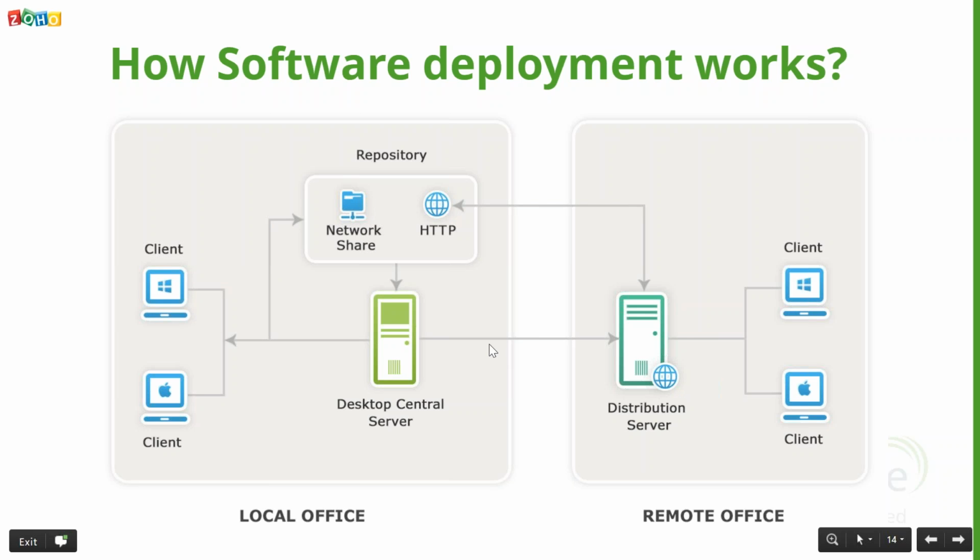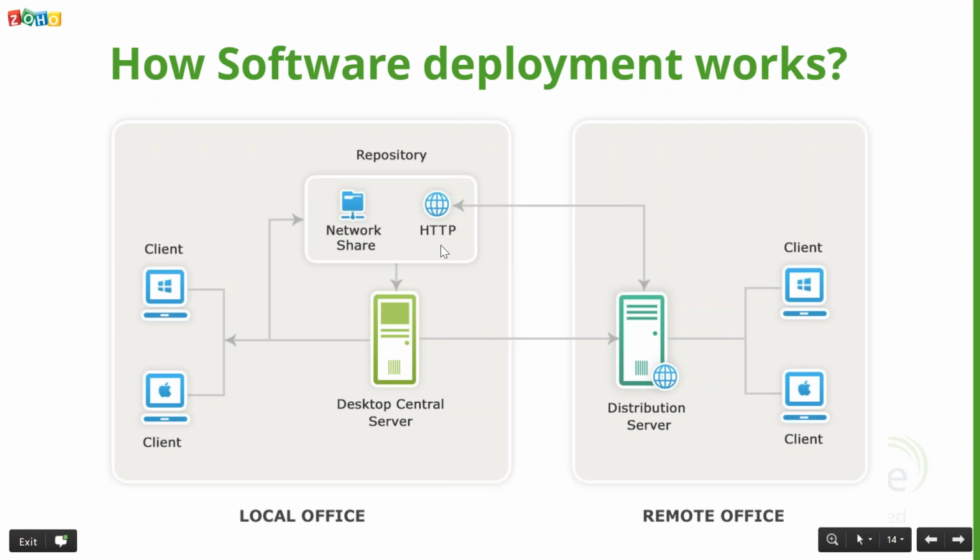In case of a remote site, we have a distribution server, which is going to act as a replication point for all the packages that you have in the HTTP share. This is to ensure the network bandwidth is not consumed much, specifically during software deployment.